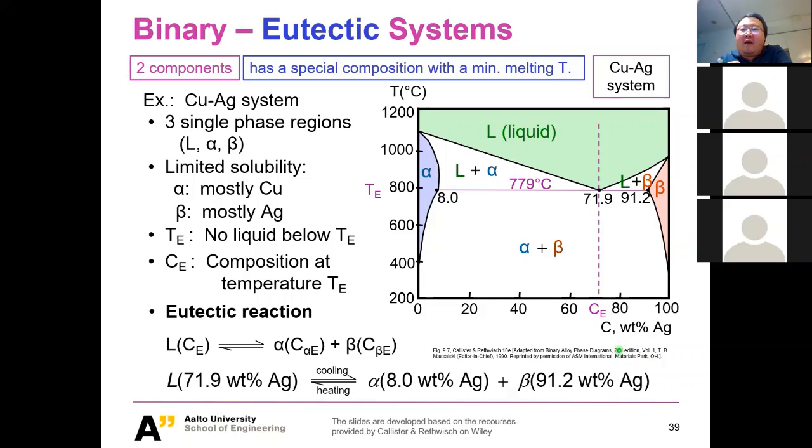If you heat up from this eutectic point with these two solid phases, you will directly come to one liquid phase. You will not enter a mixture. If you shift from this eutectic point to either left or right and heat up the two solid phases, you will first enter a mixture phase, which is liquid plus alpha, and then you can go to the liquid phase.